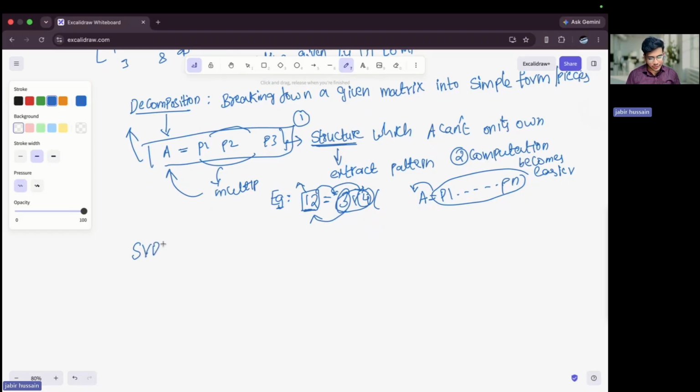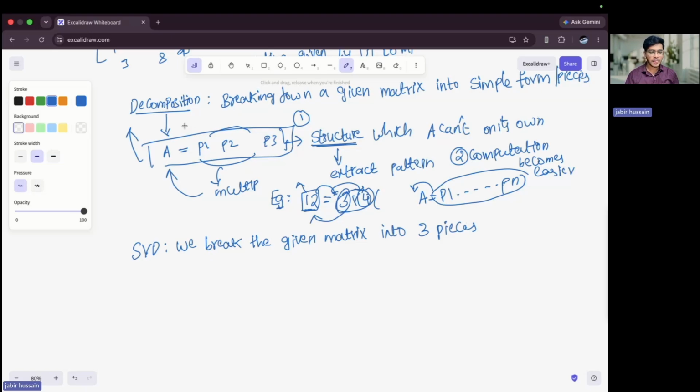So in SVD, we break the given matrix into three pieces.